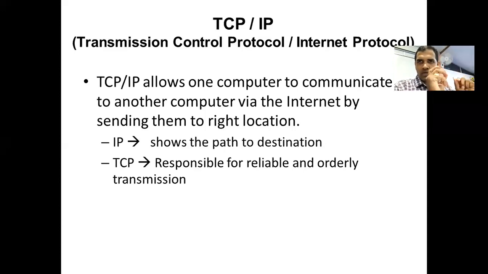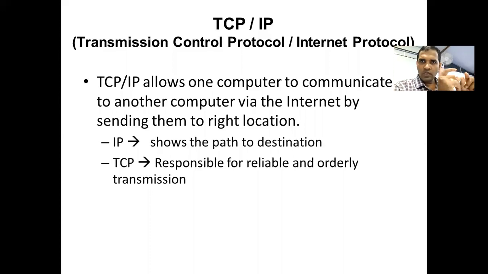I take IP first. IP is responsible for finding the destination. On the internet, one computer can communicate with another. One computer can be located in one area, the other computer may be in another area.